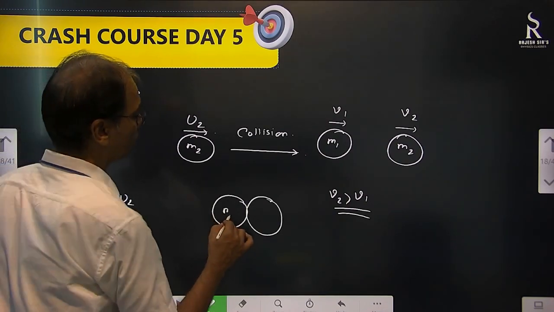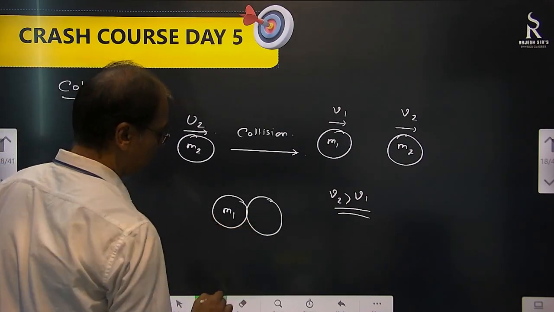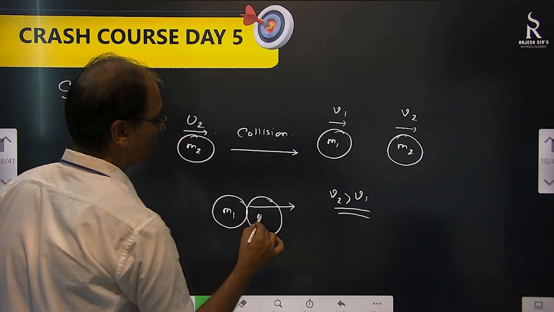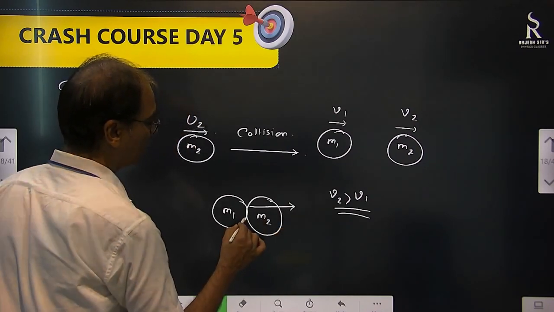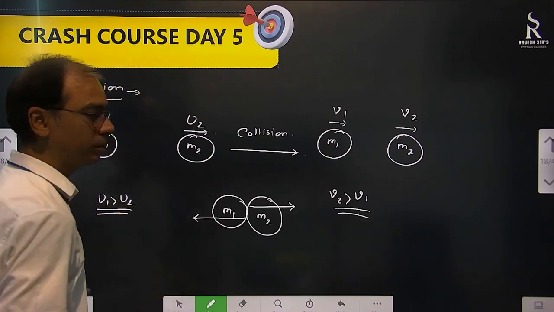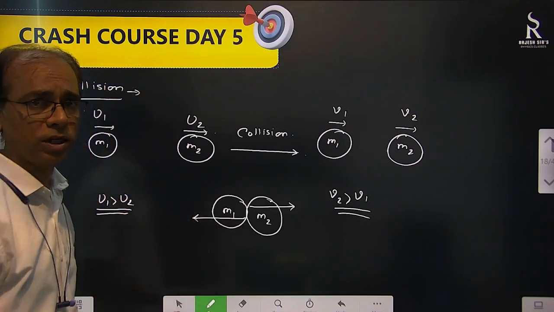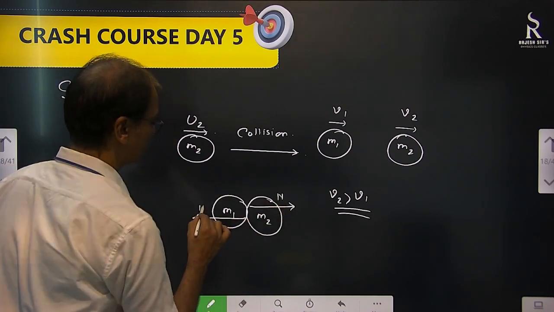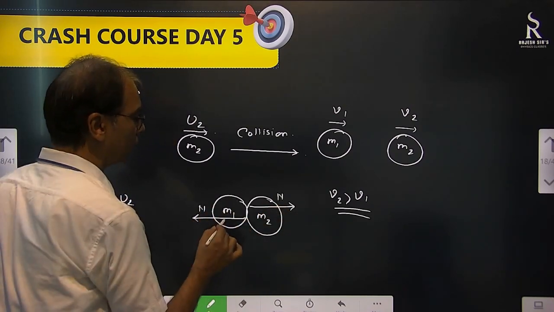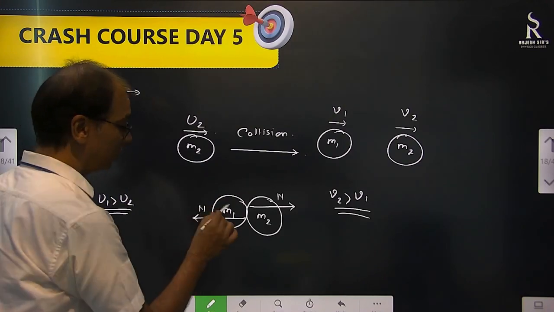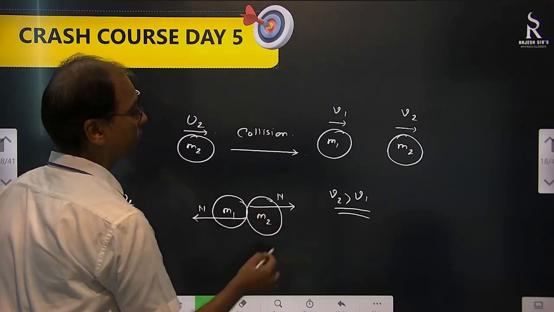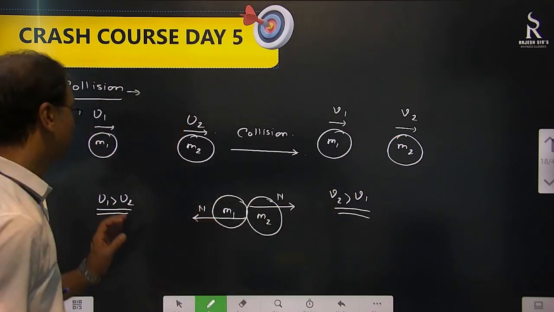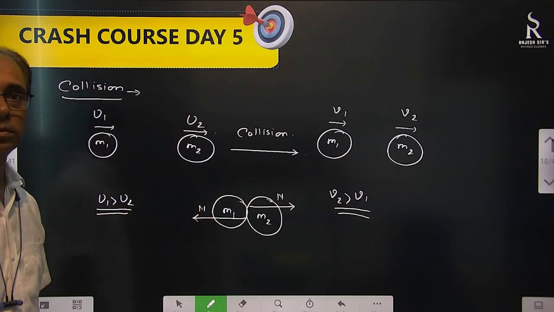So this m1 is applying force on this ball, like this. And m2 is giving the same force in the backwards direction. Normal contact force, action reaction, same value. So because of this, the first ball's velocity gets decreased, and the second ball's velocity has increased. V2 is greater than V1. Here it was U1 greater than U2.